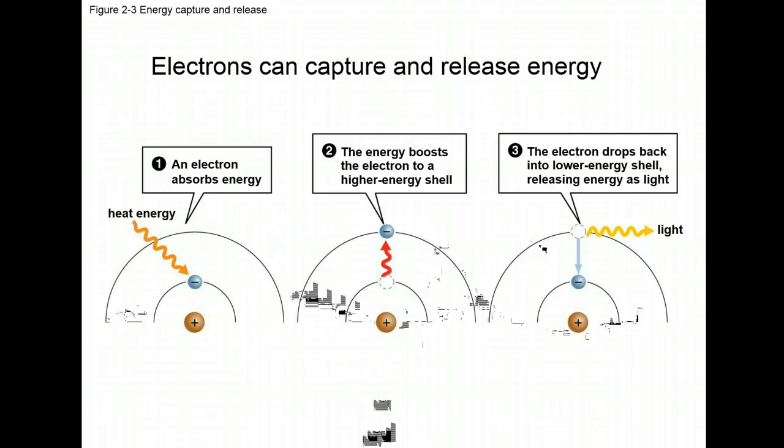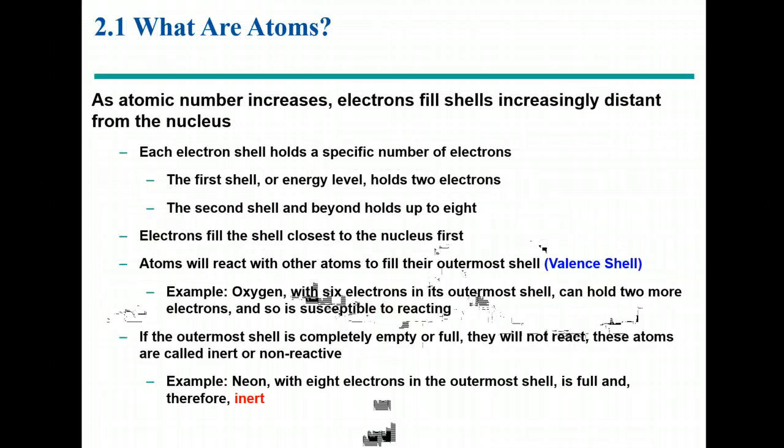The ability to capture and release energy is key to how chemical reactions occur in living organisms. With respect to atoms, as atomic number increases, electrons fill shells increasingly distant from the nucleus.